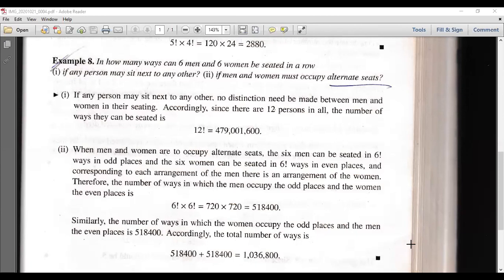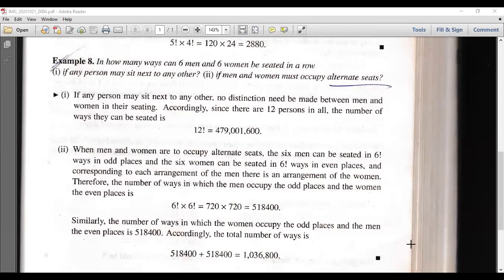In the first case, men occupy the odd places. In the second, women occupy the odd places. If the men occupy the odd places, 6 factorial into 6 factorial different arrangements you can make. If the women occupy the odd places, you can also arrange 6 factorial into 6 factorial.